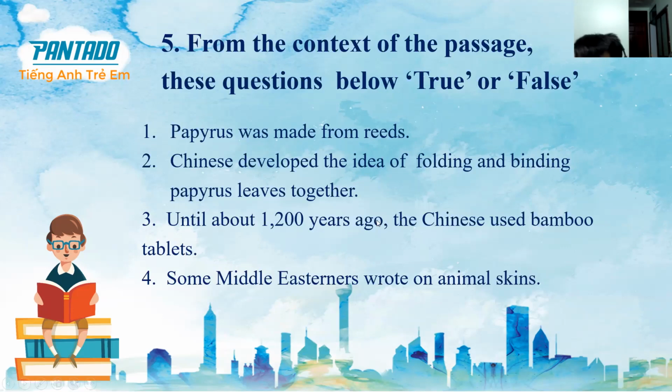It's true. Papyrus was made from reeds. Number two, Chinese developed the idea of folding and binding papyrus leaves together. It's false. Now, until 1,200 years ago, the Chinese used bamboo tablets.